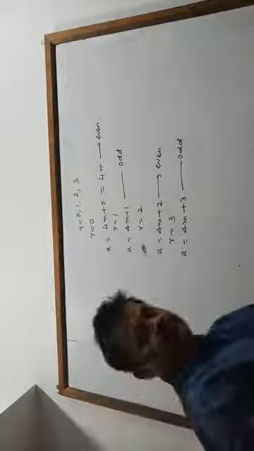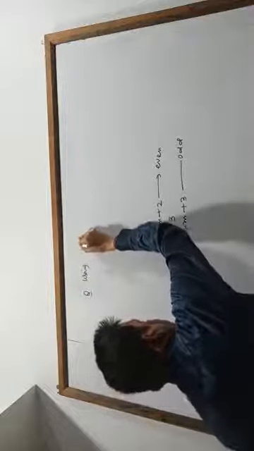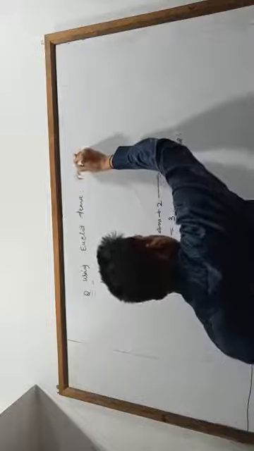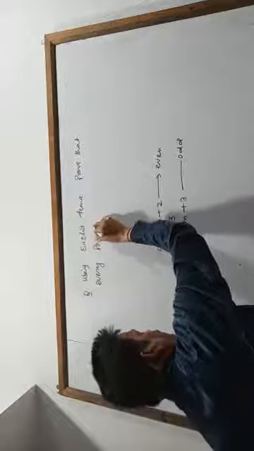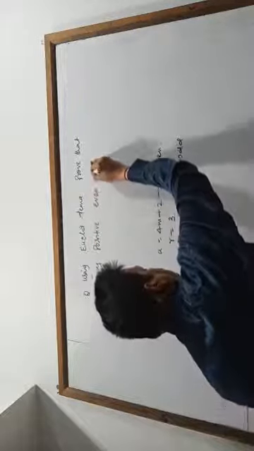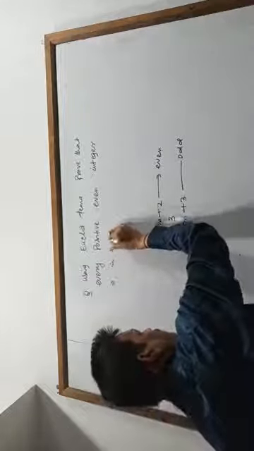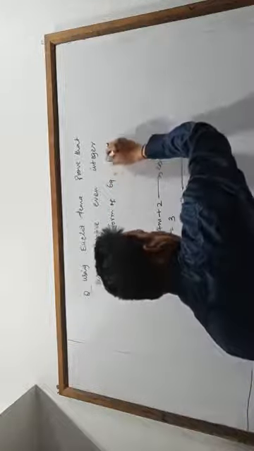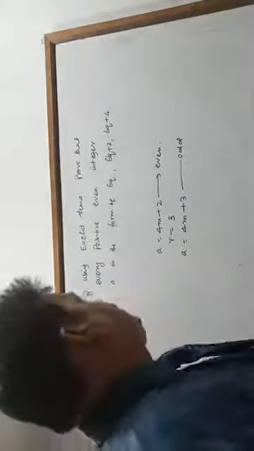So the question is: using Euclid lemma, prove that every positive even integer is in the form of 6q, 6q plus 2, 6q plus 4. Okay, first you write Euclid lemma.